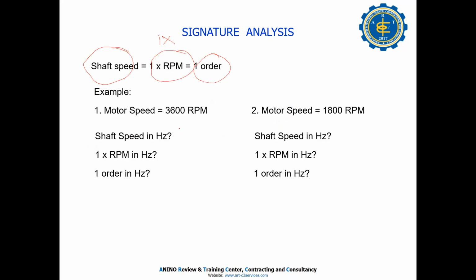One-time RPM in hertz is 60, and one order in hertz is also 60. They are the same. For 1,800 RPM, the shaft speed is 30 hertz, and one order is also 30 hertz.